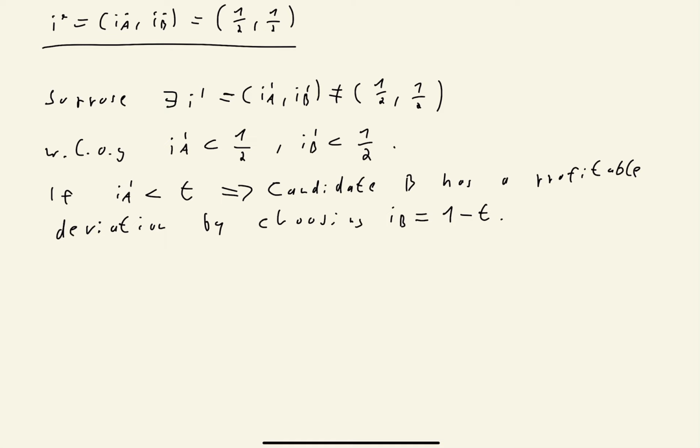It's actually the best deviation, and it's given by choosing his true ideology. So why? In this case, B wins with certainty.